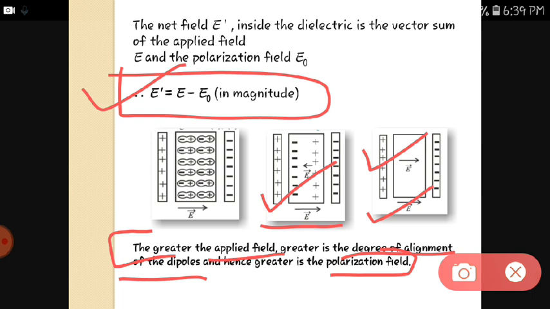If we apply a large enough electric field, the bound charges of the insulator can be freed from their orbits, and the field required to free those electrons is known as dielectric strength. The strength at which the electrons from the insulator get free to conduct is known as dielectric strength.